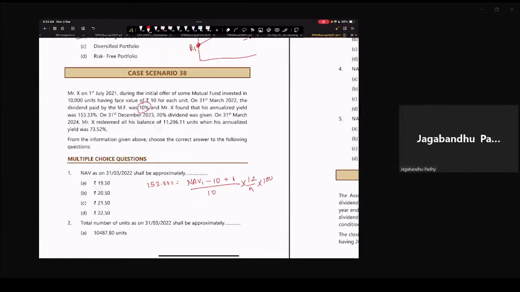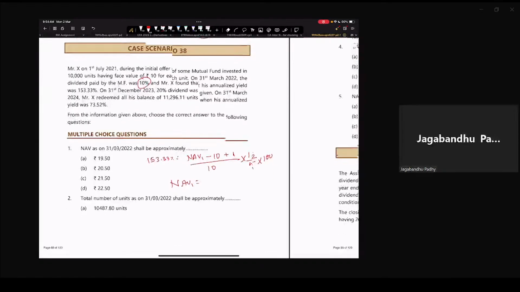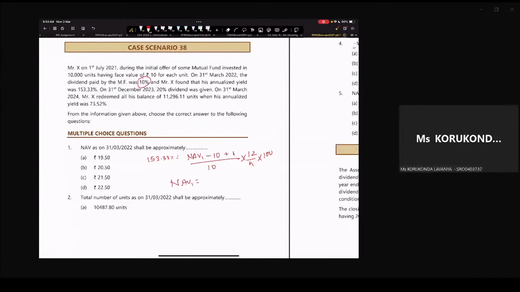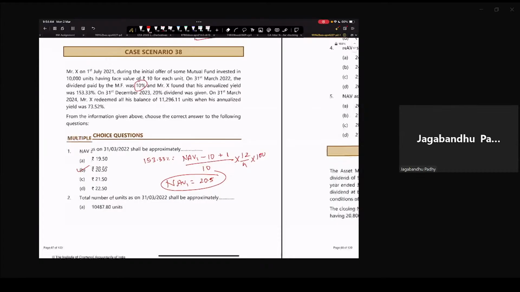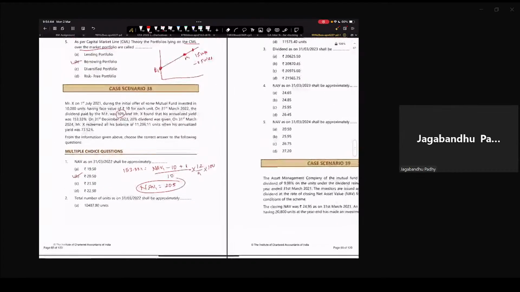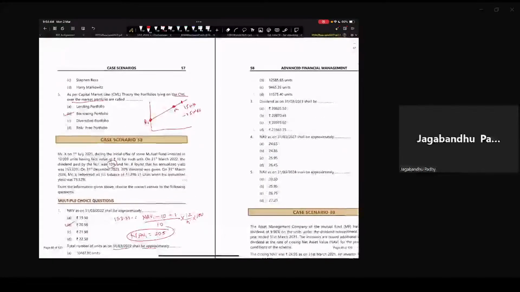When you solve this, you should be able to get the NAV as on this date. So what's this? 20.5. Yes, 20.5. So option B.